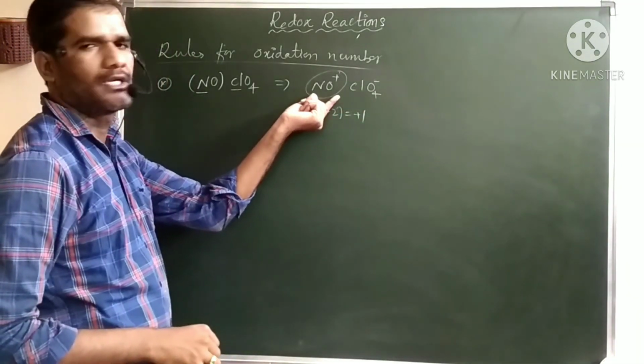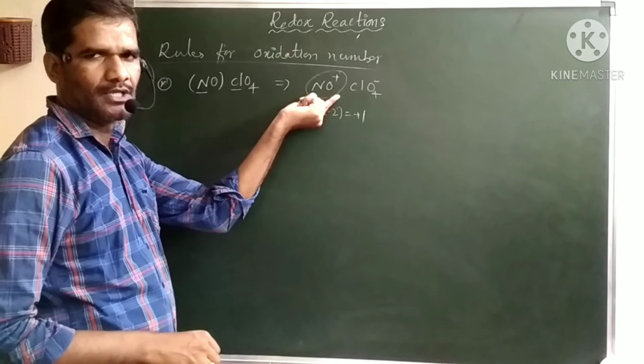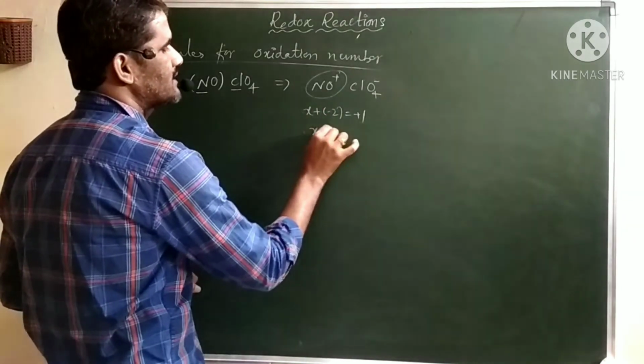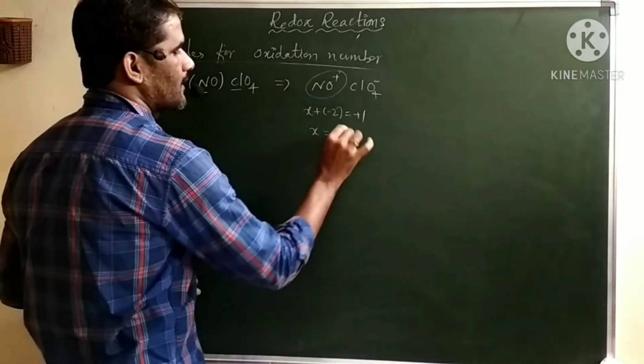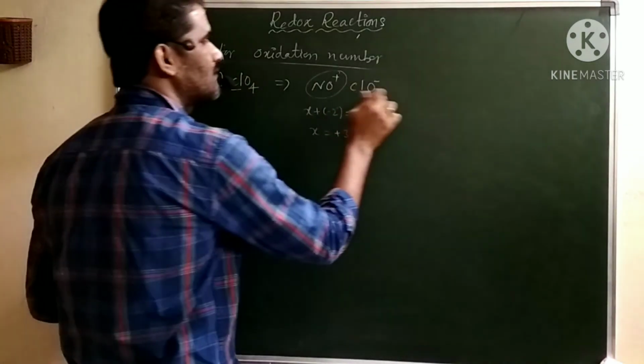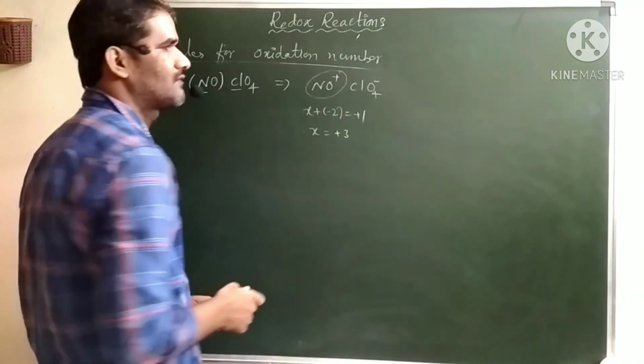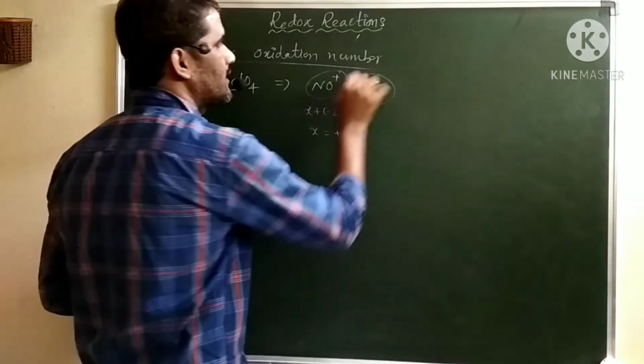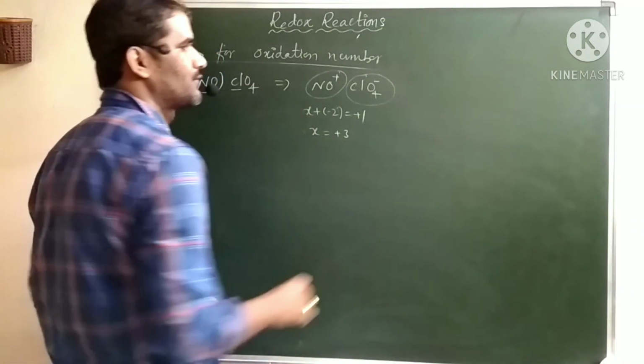Because this entire unit carries a positive charge. So from this X equals plus 3. And here ClO4 minus: in ClO4 minus, again you can assume it as a separate unit.